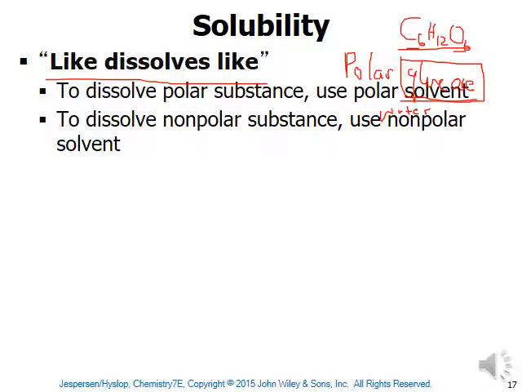For instance, if you take oil, one way that I like to get oil off of things, maybe if I have an oily bike chain and I want to clean it off, is I take gasoline, which is a nonpolar molecule.